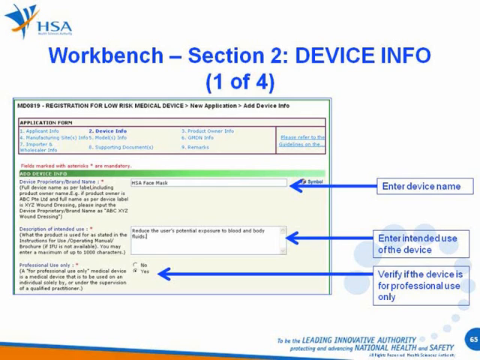For item 3, professional use default value is yes, and the applicant can either change to yes or no. A professional use only device is a device that is to be used on an individual solely by or under the supervision of a qualified practitioner.